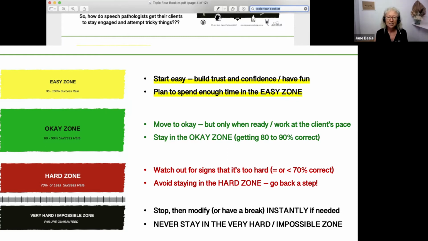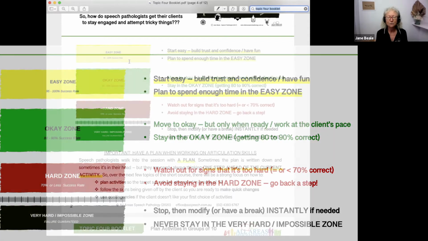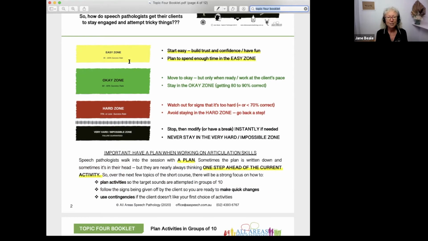So this course is going to teach you how to help clients work on their articulation skills. You might have seen a speech pathologist work on articulation skills with a client. If you have, I wonder if you noticed that they seem to have a plan. Sometimes a speech pathologist will walk in and have a written down plan, and you might see them going through the steps.